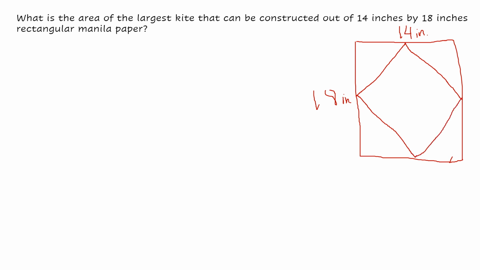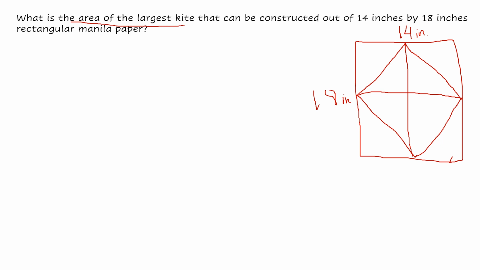So the diagonals of the kite are the dimensions of the rectangular Manila paper. So the longer diagonal is 18 and the smaller or shorter diagonal is 14 inches.